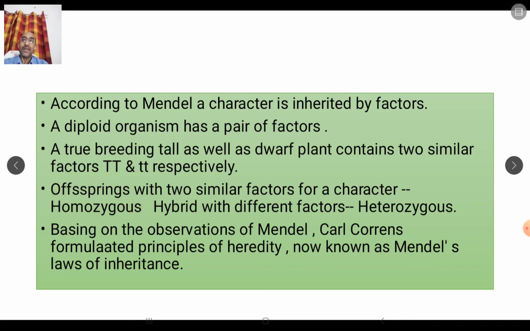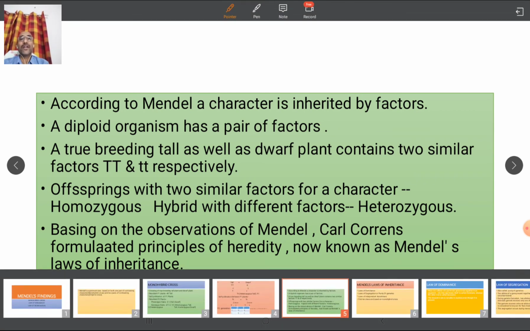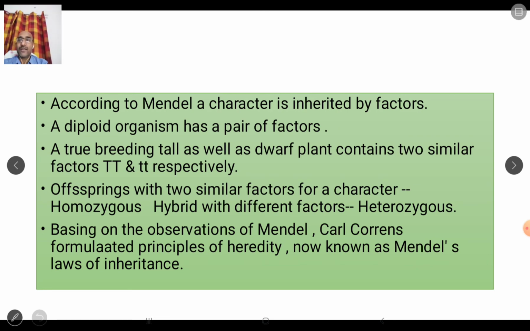Similarly, a hybrid with different factors is called heterozygous. Capital T, small t, that one was heterozygous, and capital T, capital T, homozygous. So basing on the observations of Mendel, Carl Correns formulated principles of heredity, which is now known as Mendel's laws of inheritance.